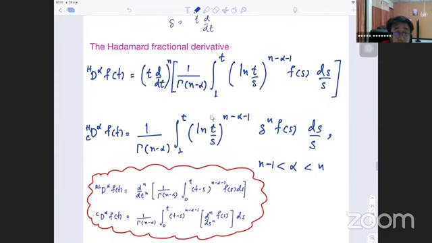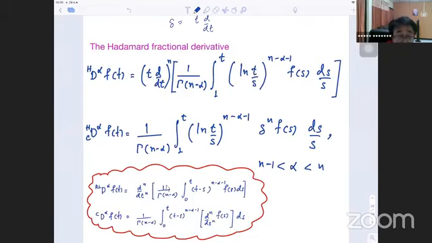We can compare this Hadamard and this Riemann-Liouville. This is the usual derivative, and this is the delta derivative. The gamma function, and this is the kernel, t minus s.